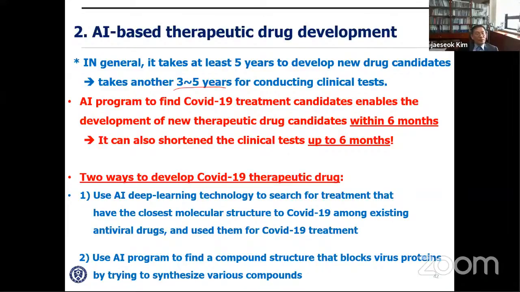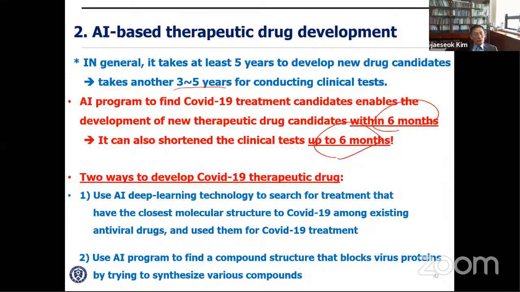However, an AI program to find COVID treatment candidates enables the development of new therapeutic drug candidates within 6 months. It can also shorten the clinical test to 6 months. That means it will take around 1 year. So we expect maybe next spring, if it is successful.